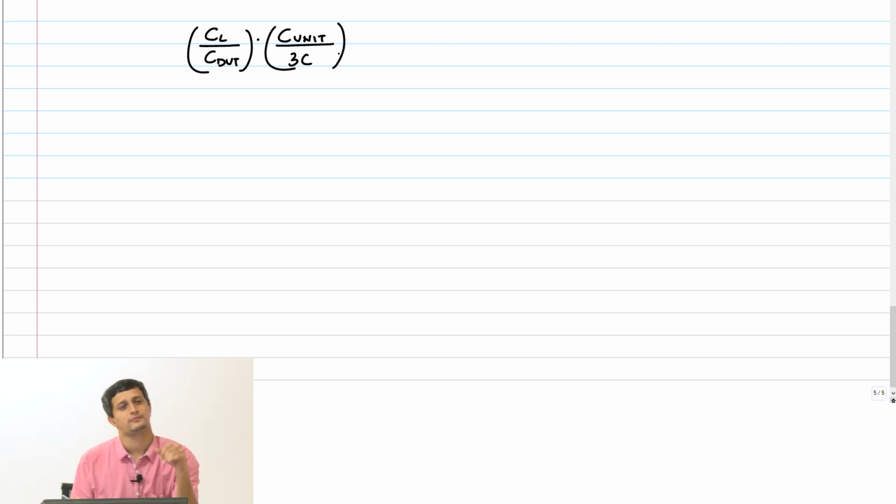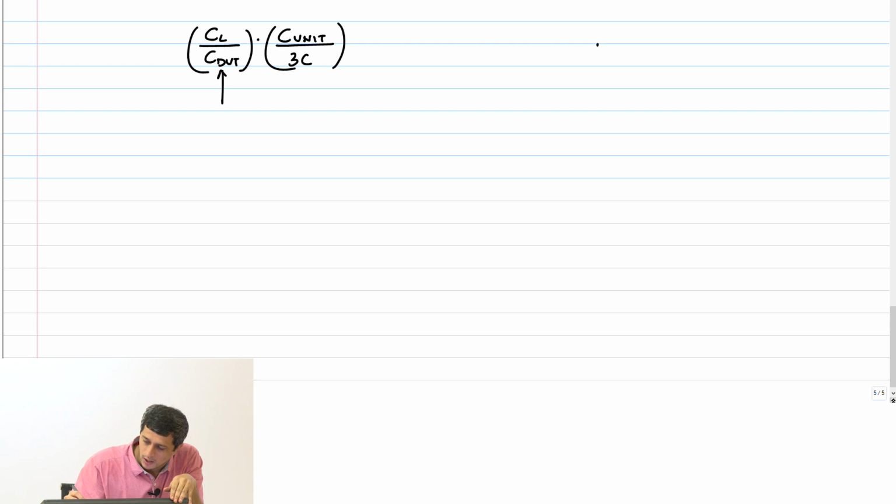Okay. So we have the normalized delay defined in terms of CL by C DUT into C unit by 3C. This is basically just the ratio of the output capacitance of that gate to its input capacitance, right.